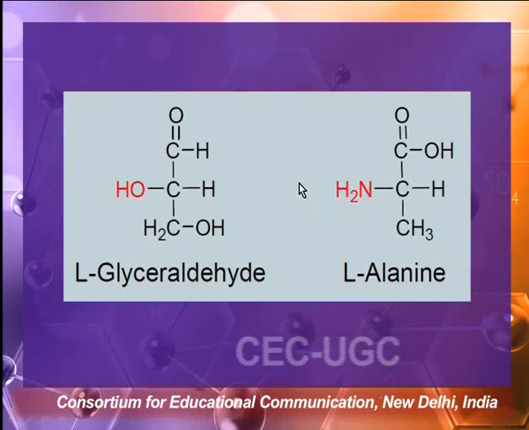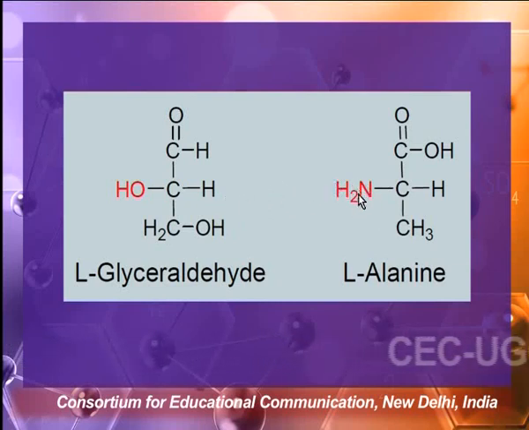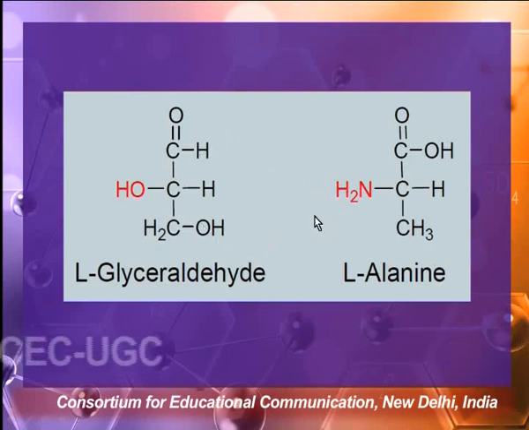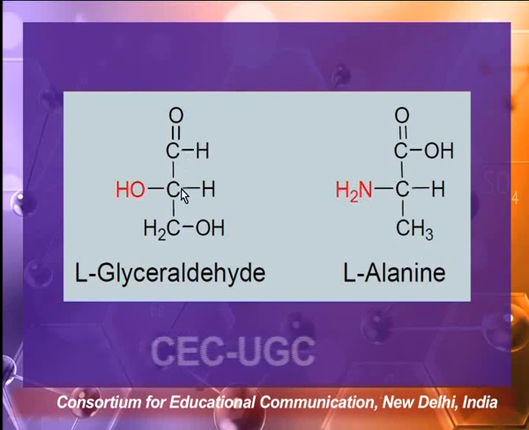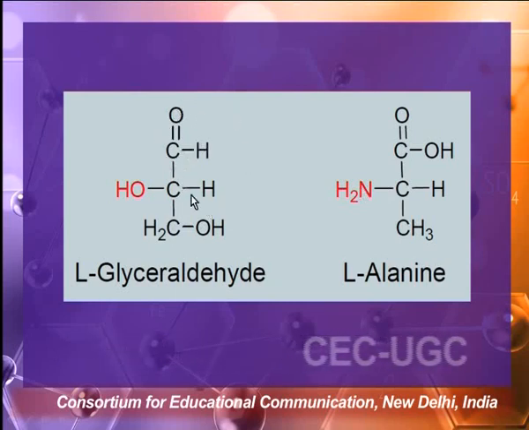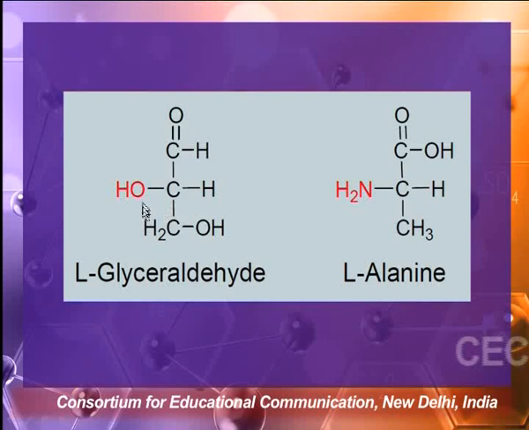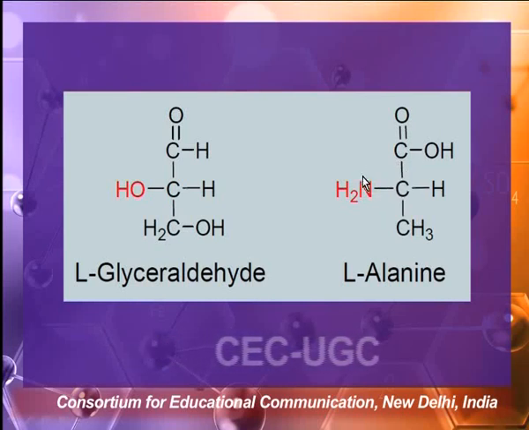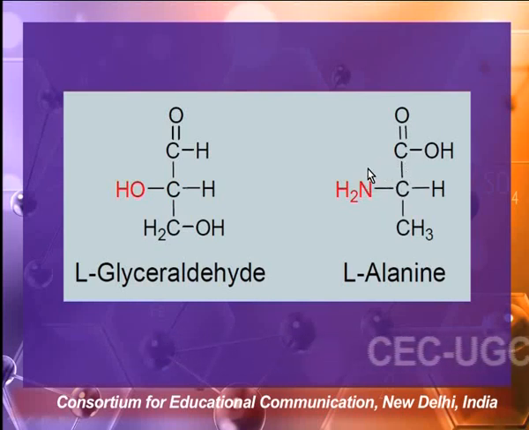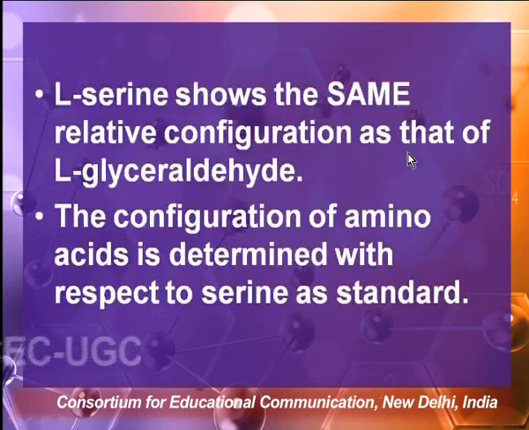Here I have compared the relative configurations of two molecules, glyceraldehyde and alanine, because glyceraldehyde is the simplest monosaccharide which is optically active, and in alpha amino acids, alanine is the simplest alpha amino acid which is optically active.